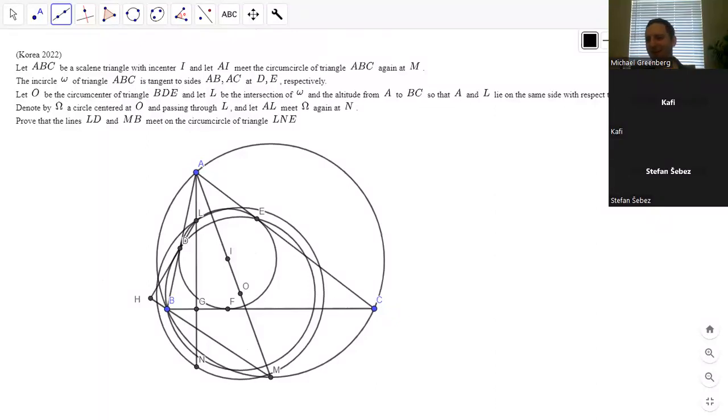Yeah, that last problem is ridiculous. I thought Korea might be a good contest because they usually are one of the top teams at IMO, or have been recently, but yeah, that was just a bad problem. This problem looks terrible.